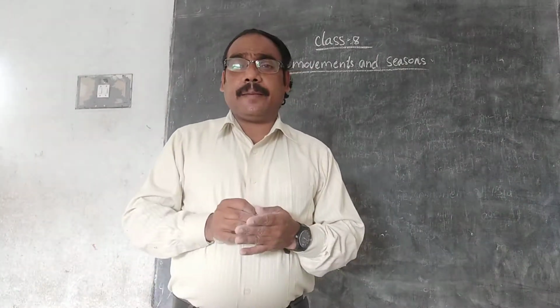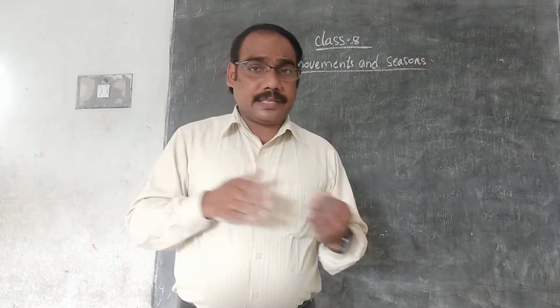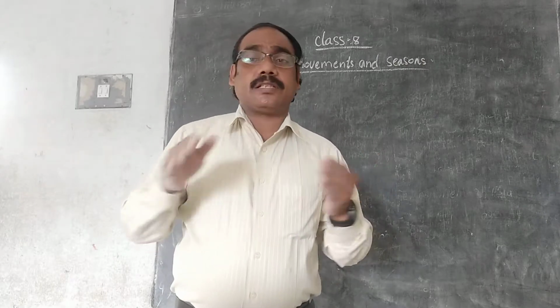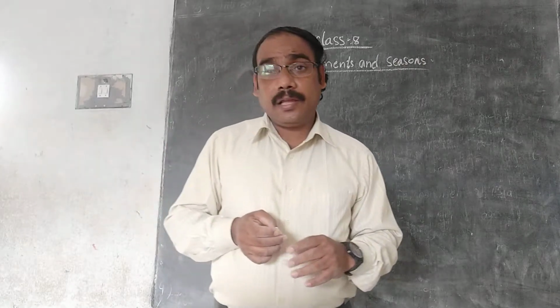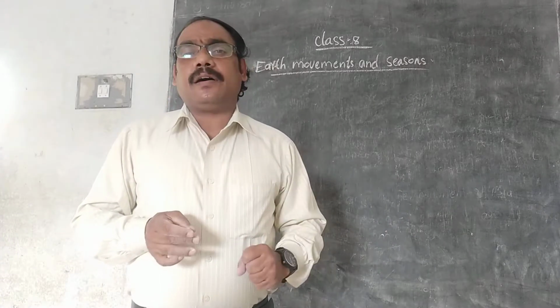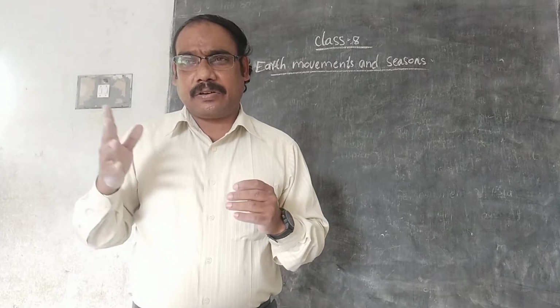So the three main seasons we are having are rainy season, winter season and summer season. One season after the other it will be following. But nowadays the climate changes are disastrous or catastrophic.